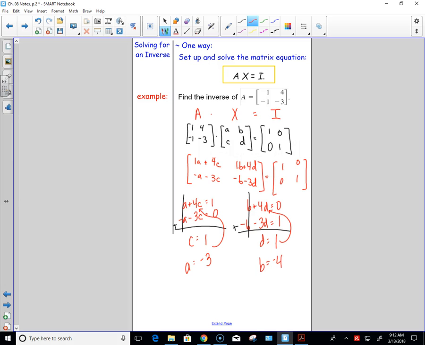Has anybody done the formula yet to see? Here's my A inverse. According to this work, this is the guy such that if you multiply, I'll get the identity. Let's check with our formula real fast.